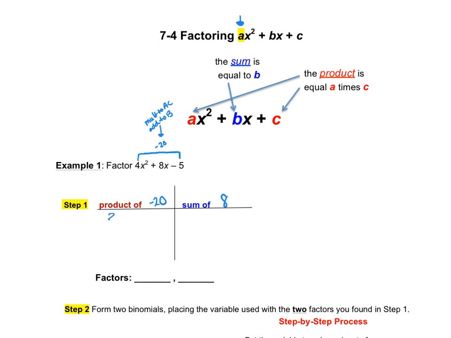I know 2 and 10 makes a difference of 8, so I'm going to start there. I could do 2 and negative 10, or negative 2 and 10. Well, this one has a sum of 8. So that's good. So our factors then are negative 2 and 10.